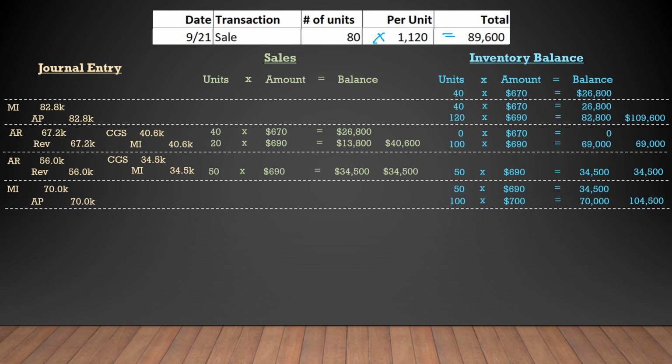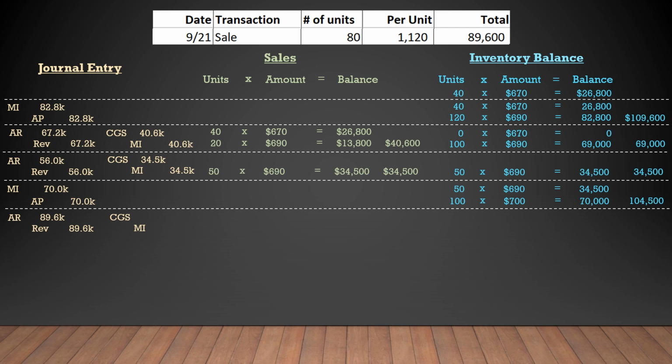September 21st brings us another sale of 80 units. Debit accounts receivable and credit revenue for $89,600. Debit cost of goods sold and credit merchandise inventory for the following amount.